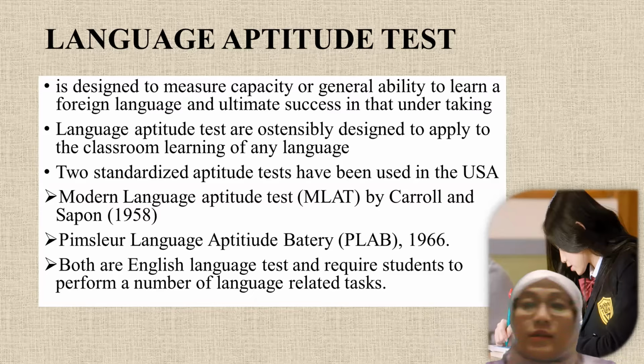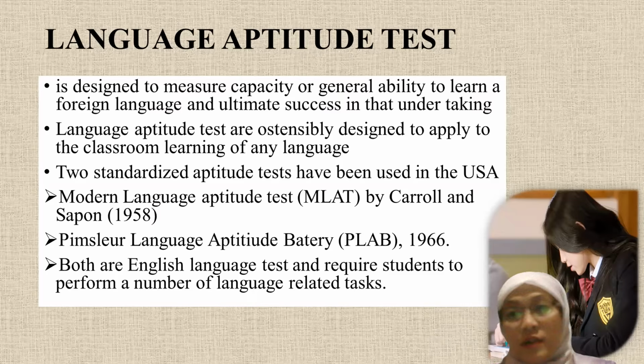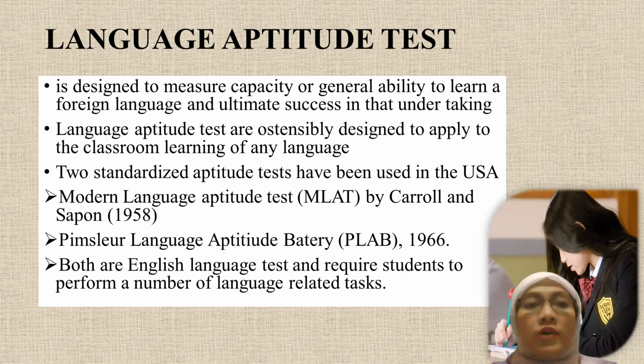So after the result of this test, you will know whether the students have the ability to learn a foreign language successfully, and how long it will take them to be successful in learning this foreign language. It can be applied to the classroom learning of any language, not only English but also other languages.